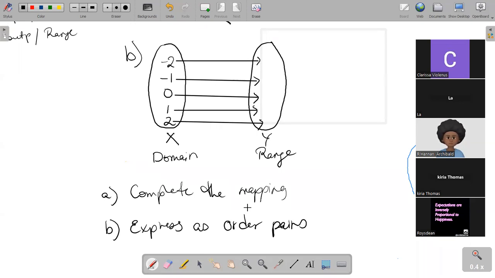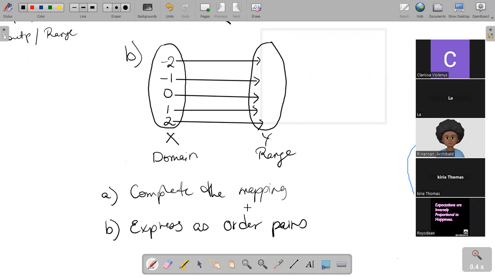I'm going to explain what a codomain is, because some people use the codomain, and it is under a specific rule. So I'm going to explain the difference between the codomain and the range, but that's also correct, yes.